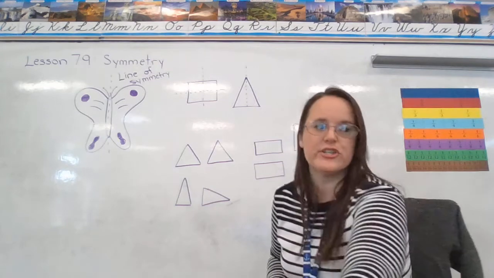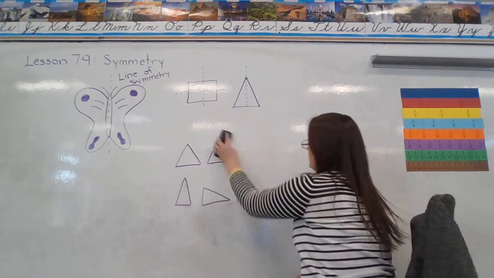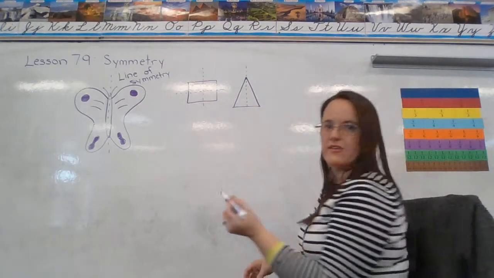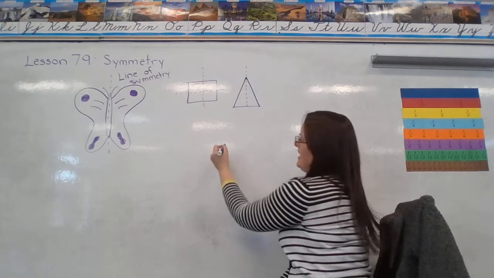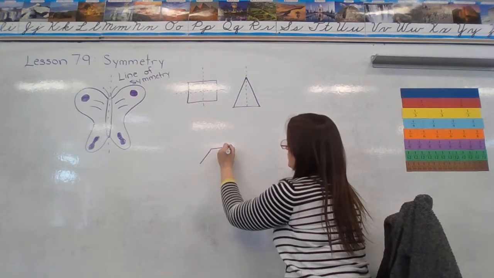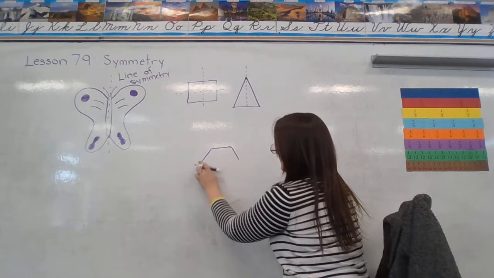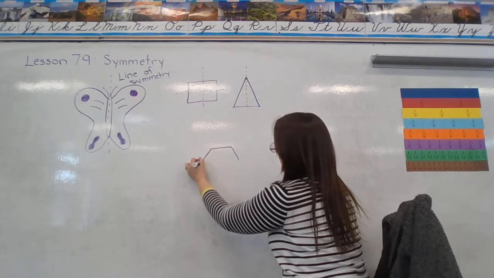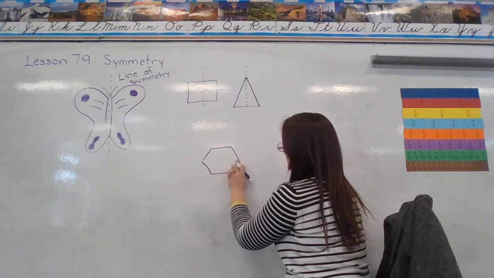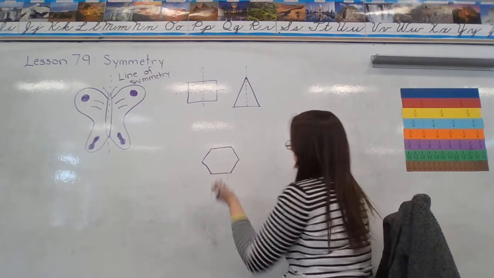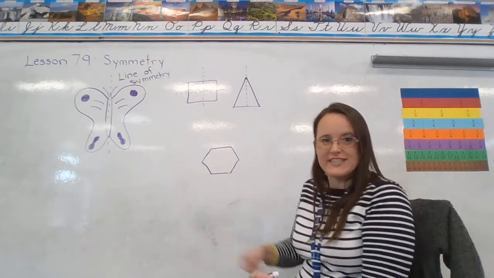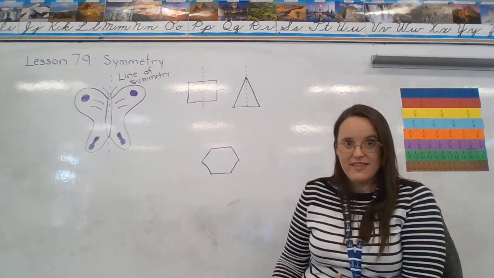Okay, I have one more shape for you. What about a hexagon? A hexagon has 6 sides. So 1, 2, 3, 4, 5, 6. Although I kind of want them to line up. So more like that, okay? It's supposed to be a regular hexagon, which means each of its 6 sides are the same length.